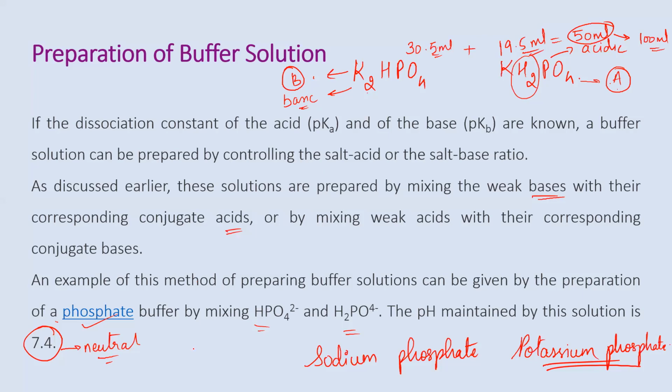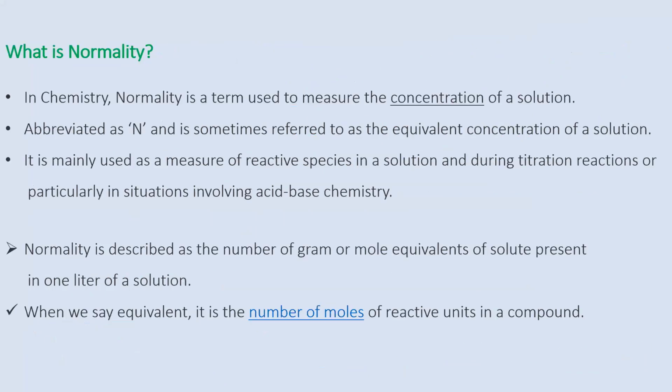Some systems, some reactions, do not want sodium, so we can eliminate sodium, but we still want a phosphate buffer because the pH is neutral. At that time we can use potassium phosphate buffer. So this is the composition. If you want to make a particular concentration, you can mix like this and check the pH. The pH will come to 7.4 because these are all standardized things. They are all tried and tested, not randomly mentioned like that.